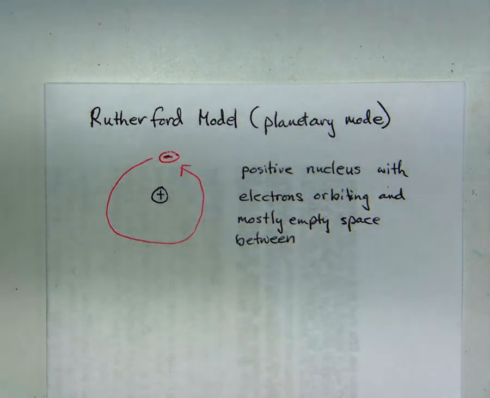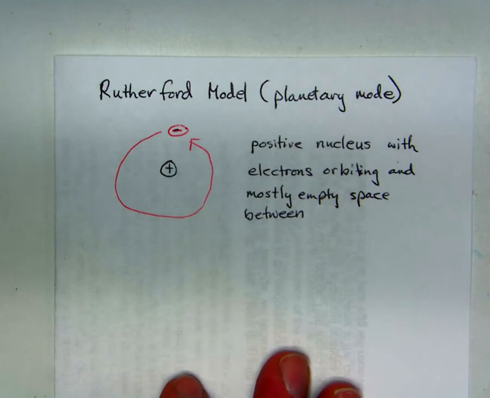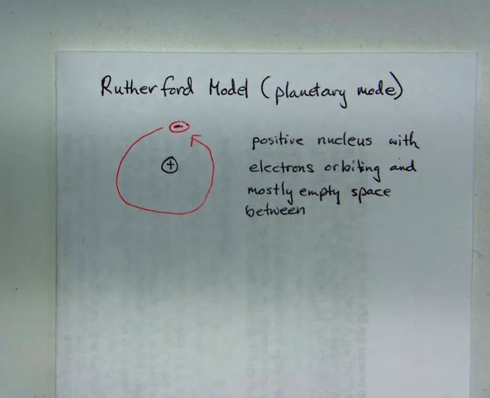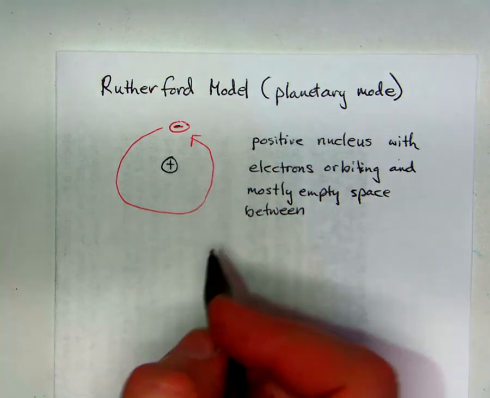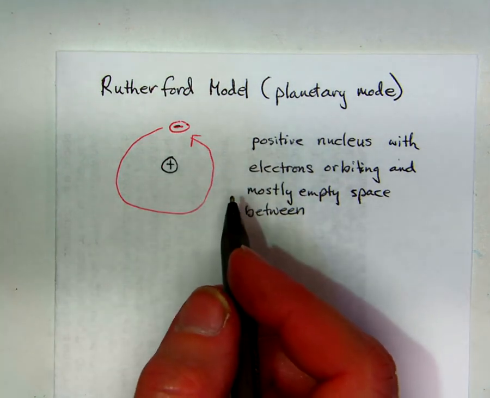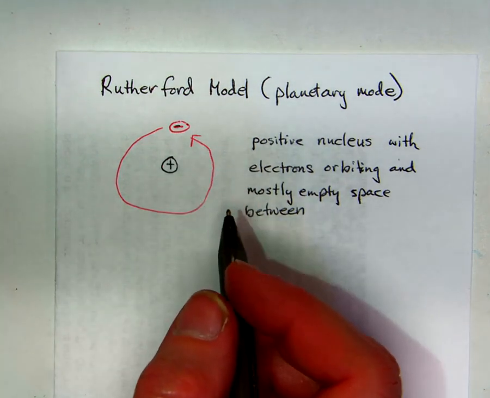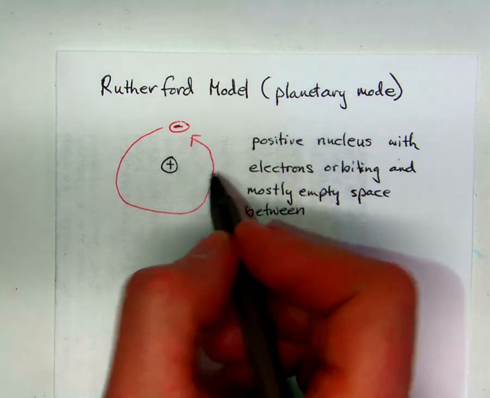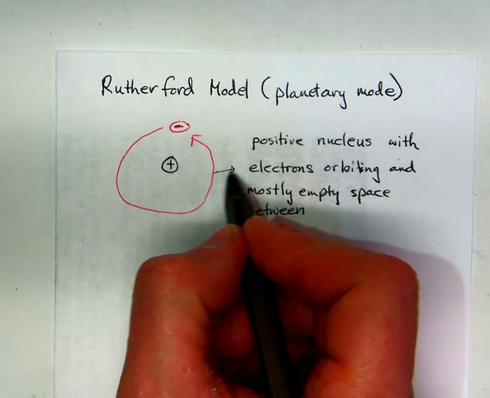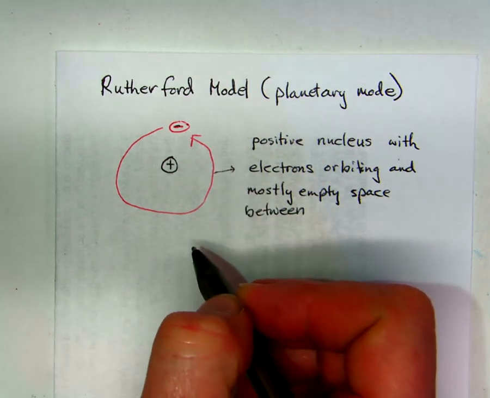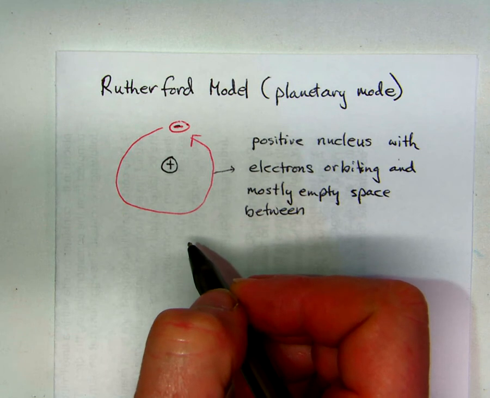Okay, in this model, it's just like with planets, except if you add energy, instead of adding gravitational potential energy and moving something to a farther distance away, what you're adding here is, if you add light, then it can raise the electron up to a higher orbit level.